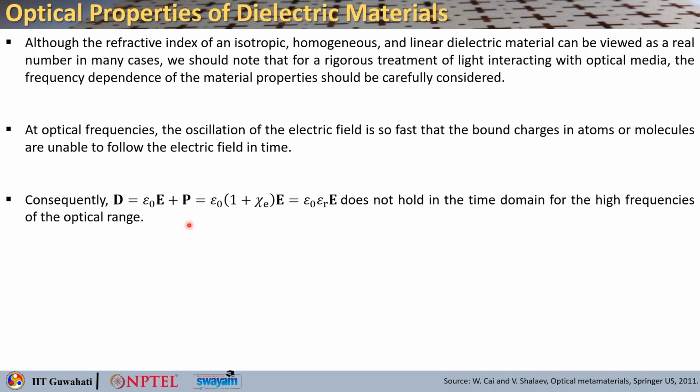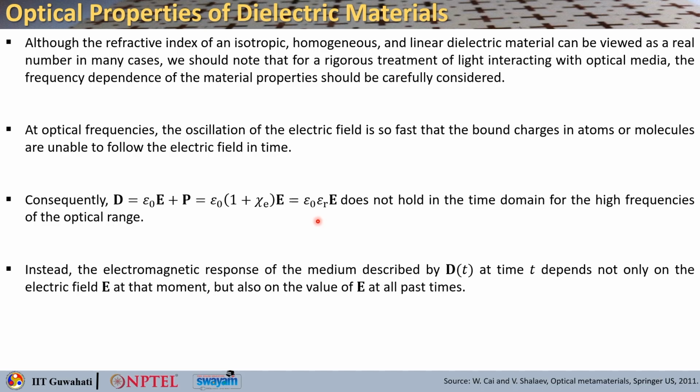So, consequently, the equation D equals epsilon naught E plus P, which earlier we wrote as epsilon naught (1 plus chi e) times E, that has given us the relative permittivity, does not hold good in the time domain for high frequencies of the optical range.